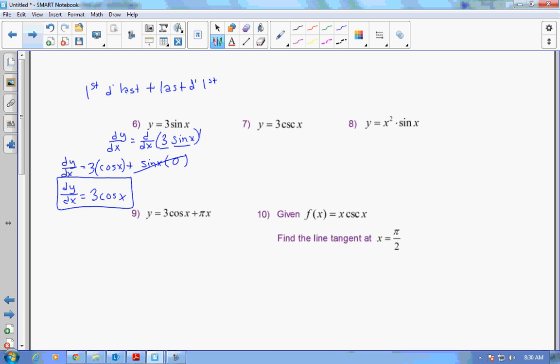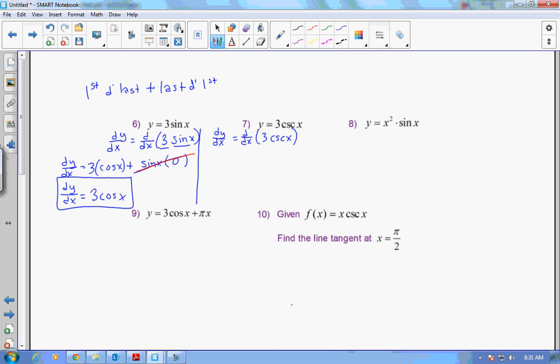Number 7. Take the derivative of y with respect to x, of 3 cosecant x. Because if we use the product rule, if we're taking the derivative of the 3, what will happen every time? It will cancel out. So we can use this as the constant rule. That constant is going to make the other term cancel out.